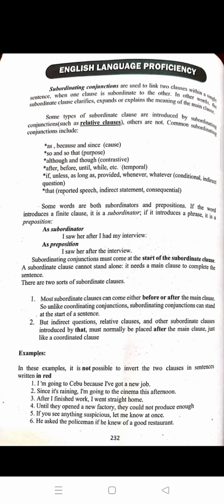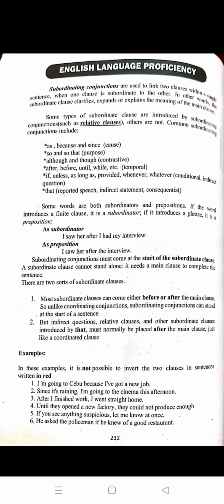Your main clause is I'm going to the cinema this afternoon, and your subordinating conjunction is since. After I finished work, I went straight home. That's also written before the main clause. Until they opened a new factory, they could not produce. It's also before. If you see anything suspicious, let me know at once.